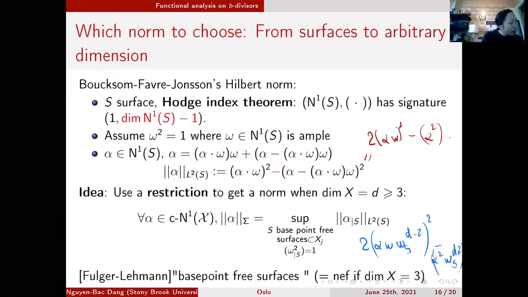So I read it a little bit like this. You have to take the sup over some S that are basepoint free, but you have to imagine that it's like taking the sup over omega S to the power d minus 2.